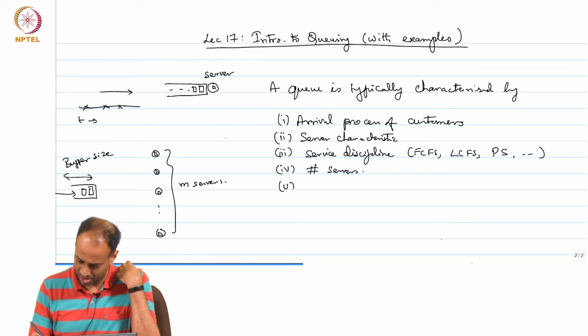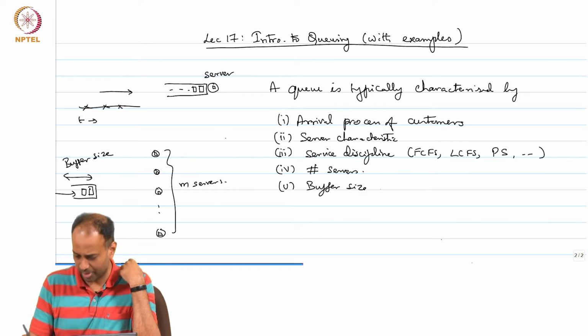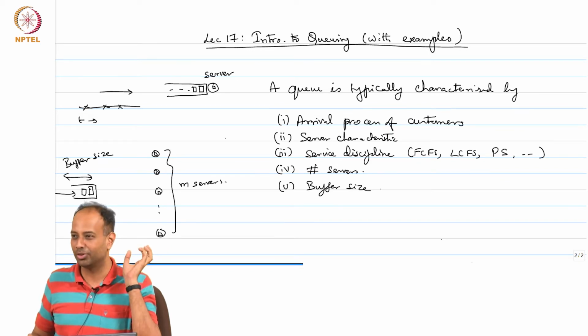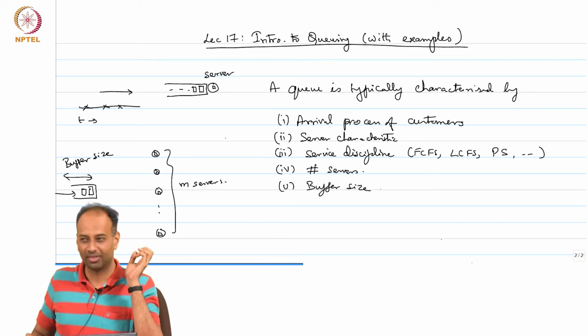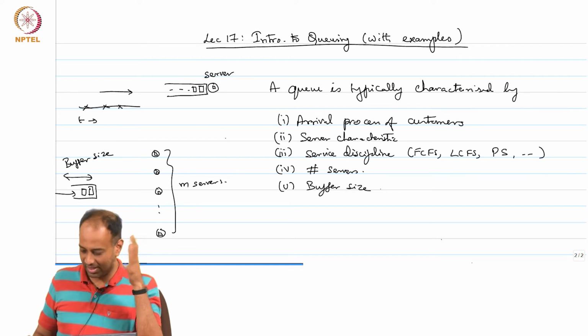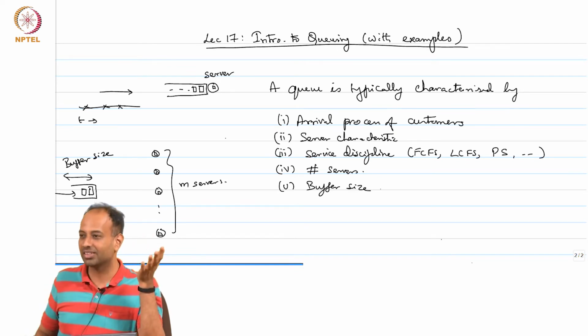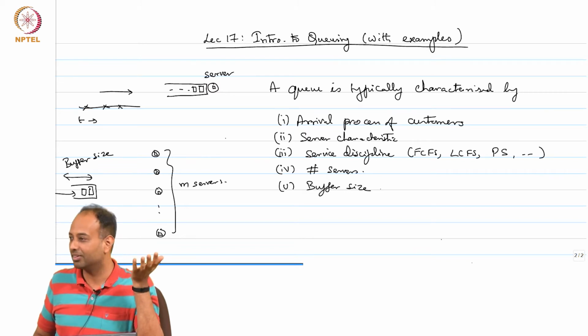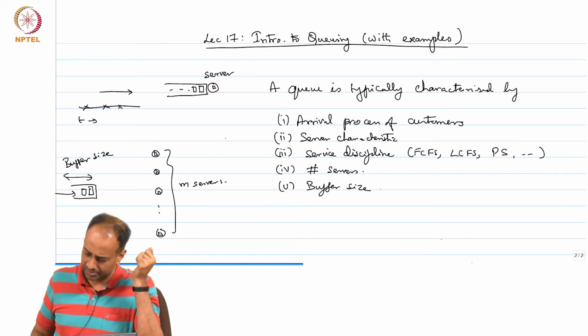So, buffer size also matters. If the buffer gets full, you are dropped. If your booking hall is full and you cannot even enter it, you will go away. All these things matter in the way the system evolves, right.